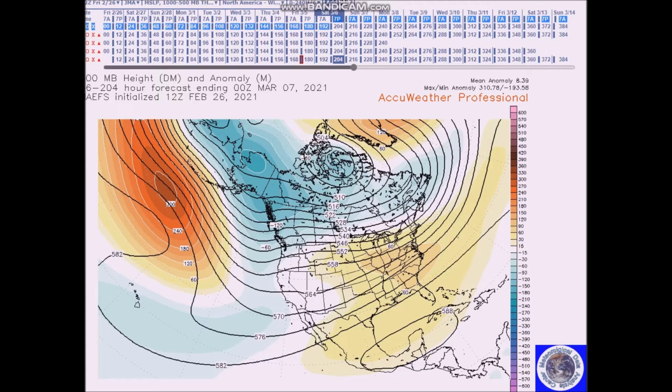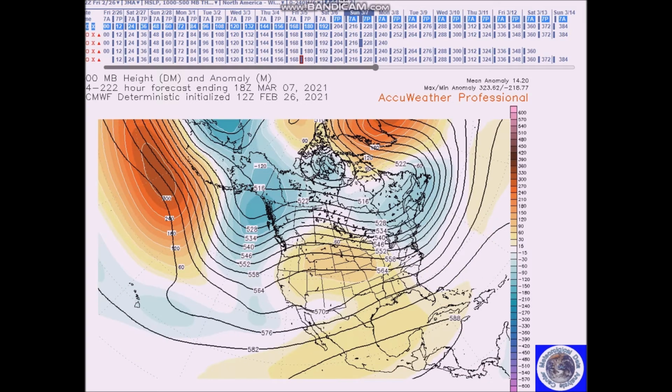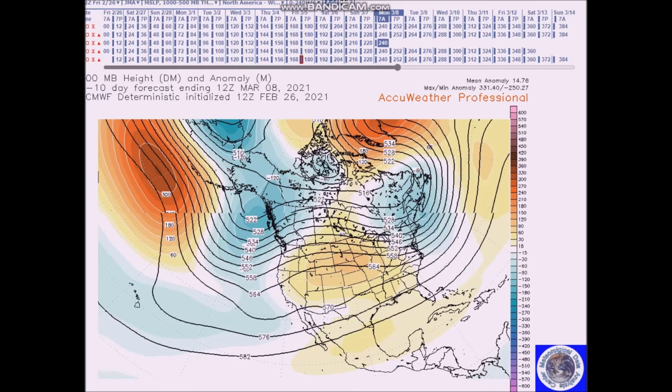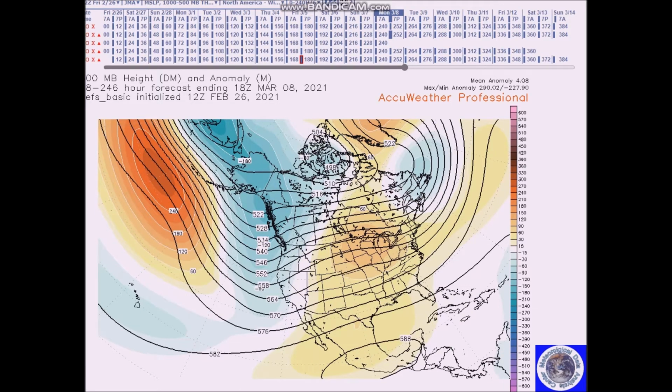However, the other models, like this is the European deterministic, brings a trough into the northeast, while the other models, the GEFS has zone of flow above normal heights. So that's something to watch out for.